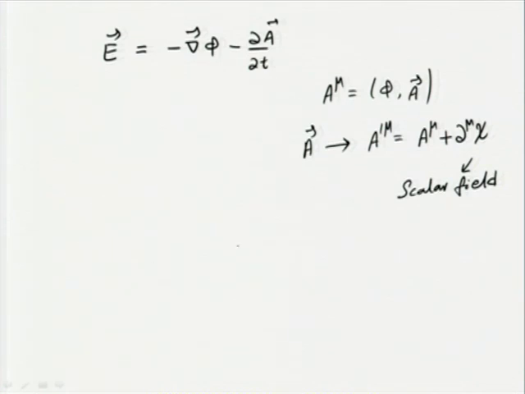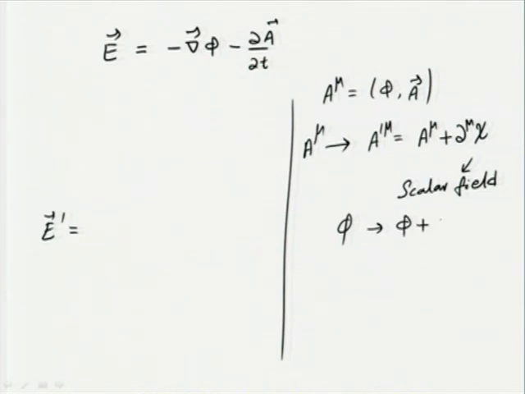In that case, φ will go to φ plus time derivative of chi, and A goes to original A minus grad chi.